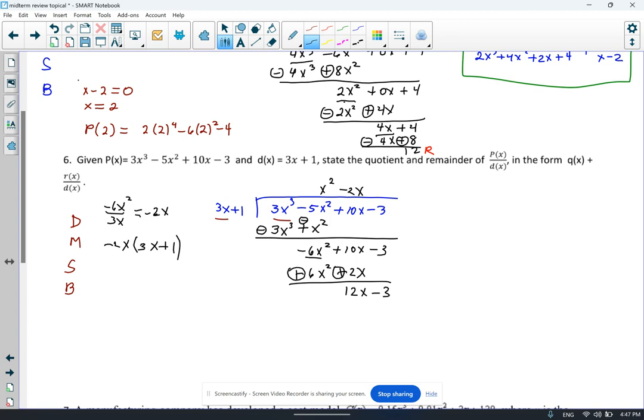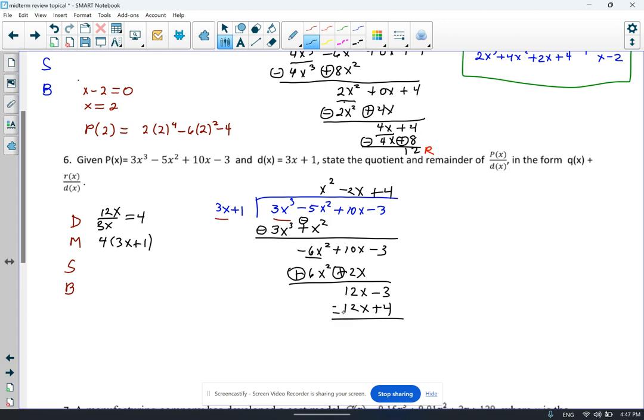And now I'm going to repeat the process again. So I take the 12x and divide it by 3x, and that gives me a value of positive 4. I multiply the 4 times the 3x plus 1, and I get 12x plus 4.